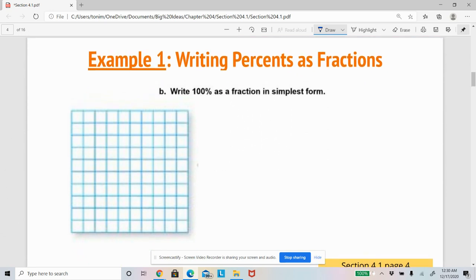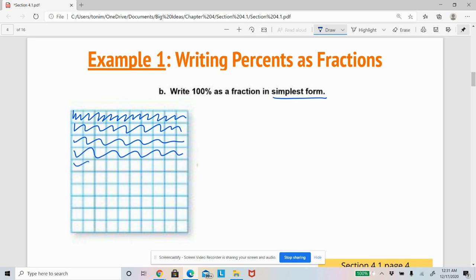So now it says, for example 1 problem B, write 100% as a fraction in simplest form. Again, they're not trying to trick you, but this is a hundreds chart. So if you're writing 100%, you are shading in all of these. I'm just going to do it very quickly, and please, when you're doing it, just make sure you're nice and neat.